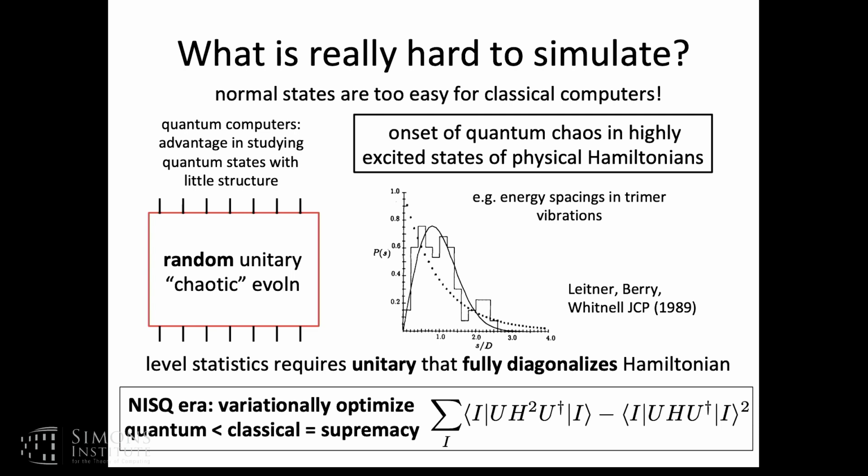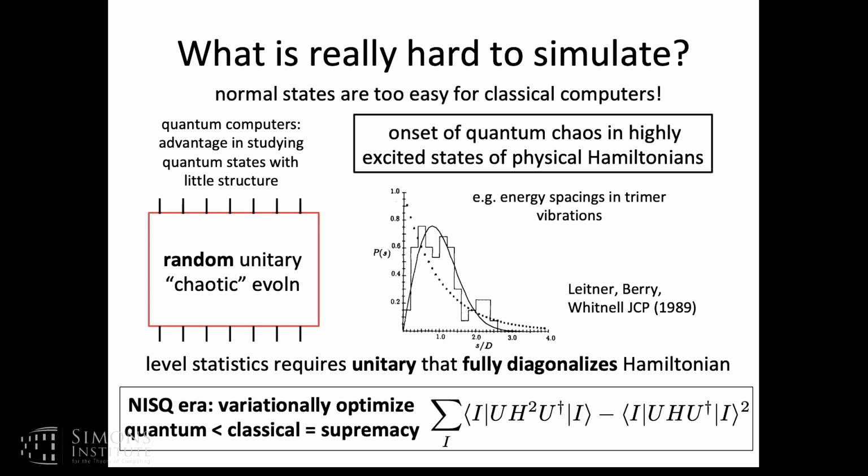If you go into molecular vibrations, you go up into the spectrum, there's a question, at what energy scale do you actually get into the chaotic regime? And this is something that was studied a lot in the 80s, but of course only in small systems because there's a limit to what you could simulate numerically. And so the key thing is to formulate studying this question in a way that can be done in the NISQ era. And I think that can be done by trying to determine the unitary that transforms you to the energy basis in a variational way.